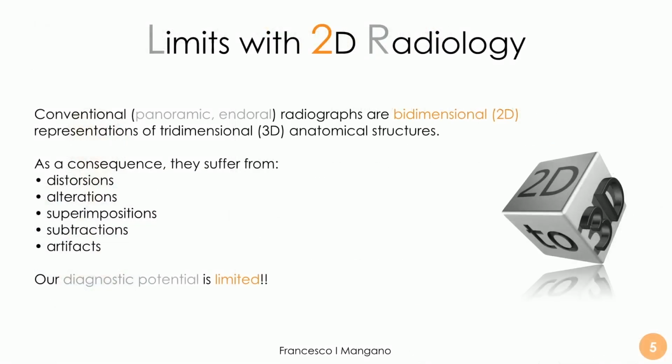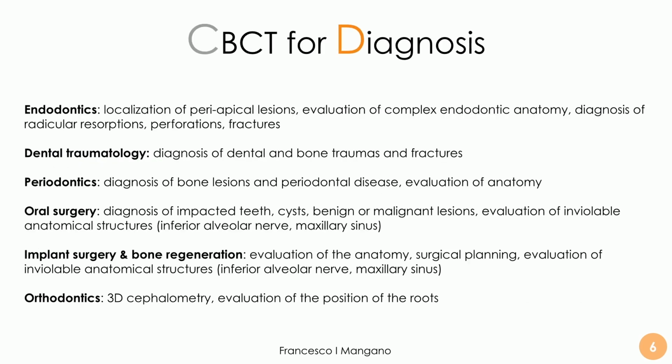And when we talk about diagnosis, we talk about, first of all, the limits of conventional two-dimensional radiology, because panoramic radiograph and oral radiograph are bidimensional representations, so 2D representations of 3D anatomical structures. As a consequence, they suffer from distortion, alteration, superimposition, subtraction, and also artifacts. So our diagnostic potential is very limited with two-dimensional radiology.